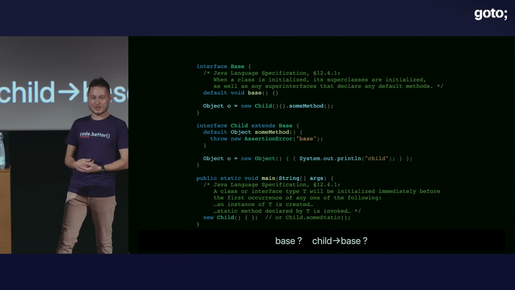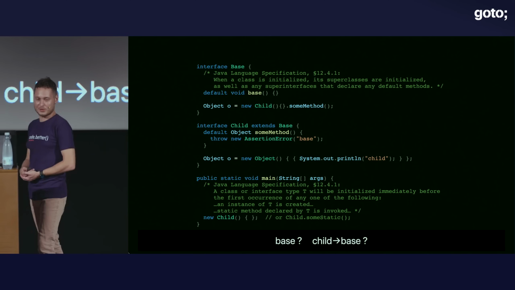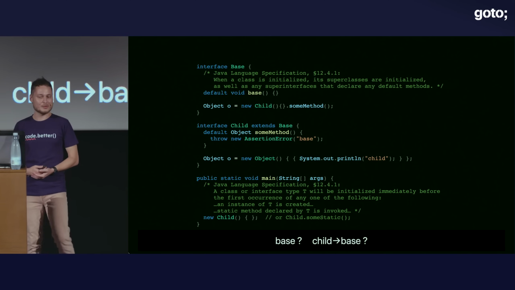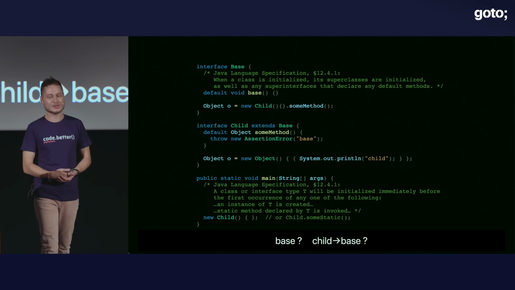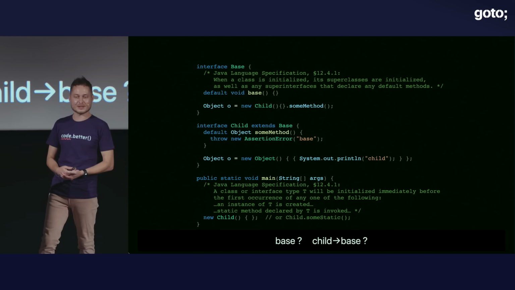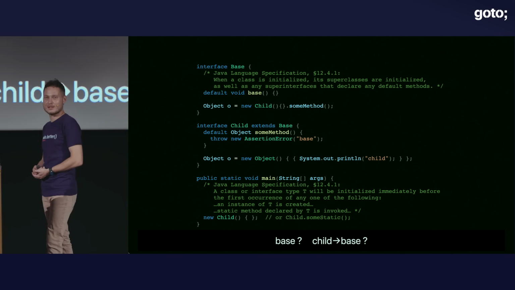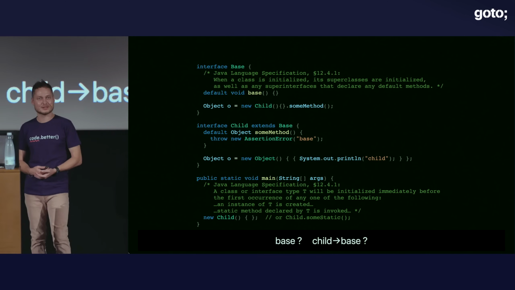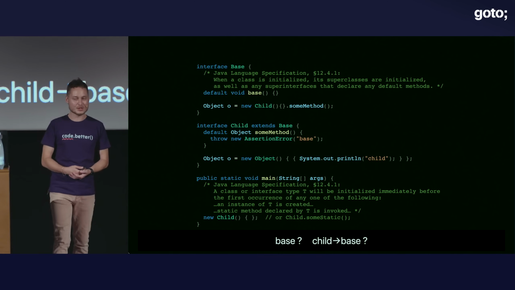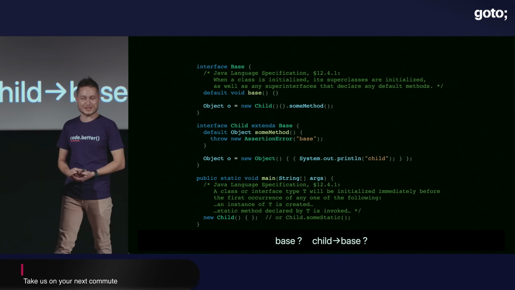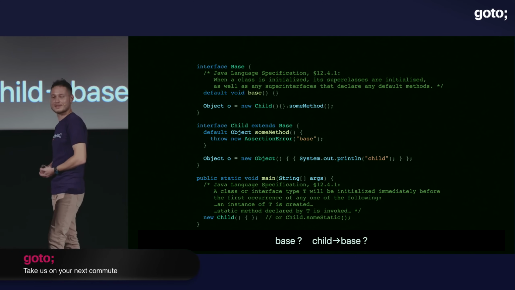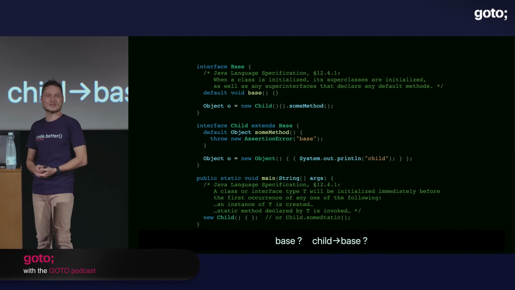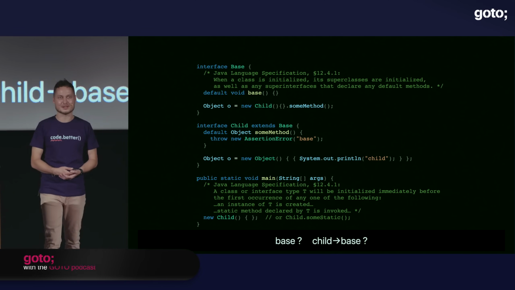And what are the possible outcomes of execution of this program? Well, if we see an exception, assertion error base, it means that base is initialized before child was initialized. That's it. If we see that child is printed on the screen and then we see assertion error, it means that child first initialized and only then base is initialized.